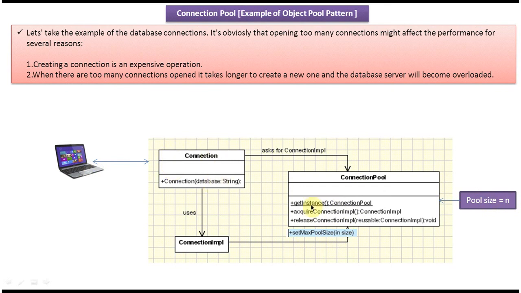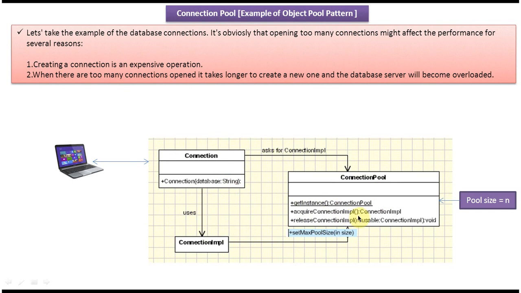Suppose a client requests a connection object from this class. It will get the instance of the ConnectionPool, then call the acquireConnectionImplementation method. Basically it asks the connection pool, give me the ConnectionImplementation, by calling acquireConnectionImplementation.